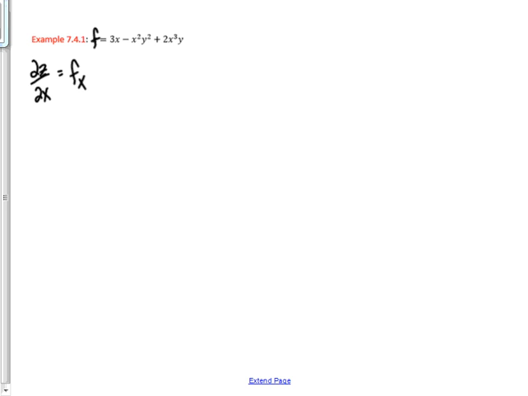So it means look at all of these terms, and we've got 3. What you're doing is taking the derivative with respect to x. So if I took the derivative of 3x, it's 3. When I get to this term, you want to ignore the y squared and take the derivative of negative x squared, so it would be negative 2x.